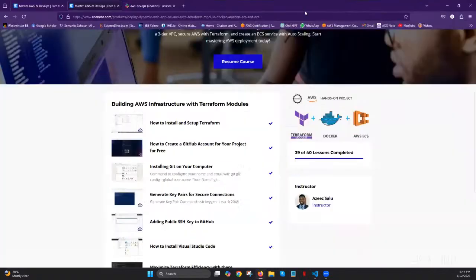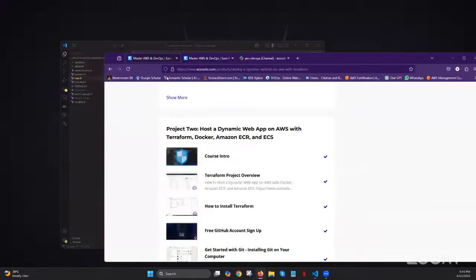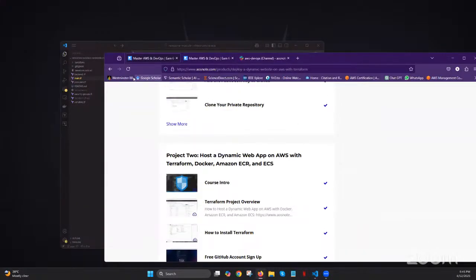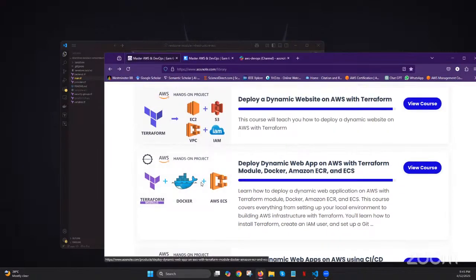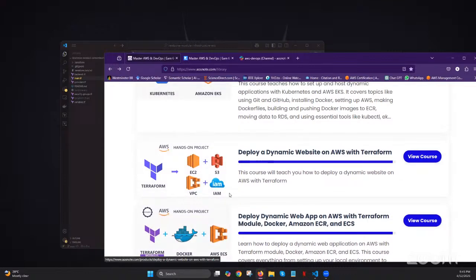Yeah. So my first doubt is, I was able to complete these two projects in Terraform. In this section there are two parts. First we deploy a website, and second we deploy a dynamic website through ECS, EC2, and Terraform.